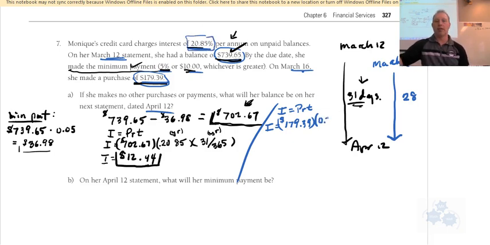So 0.2085 times the days, which in years would be 28 out of 365. Okay? To double check this one, look at the right part of my paper here. When we multiply all that out, this one is going to be the $2 one, 287. There we go.